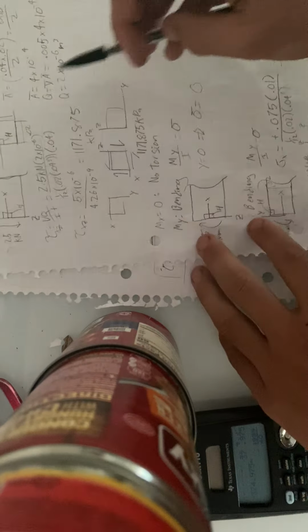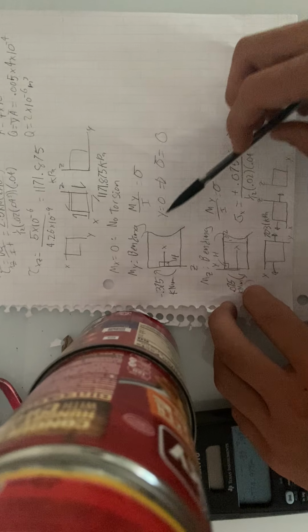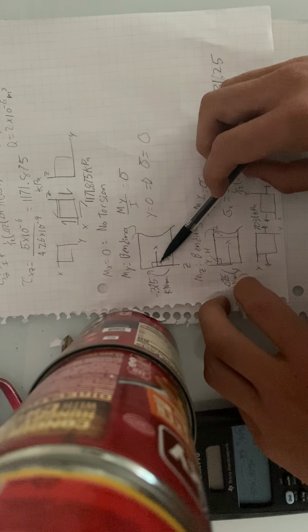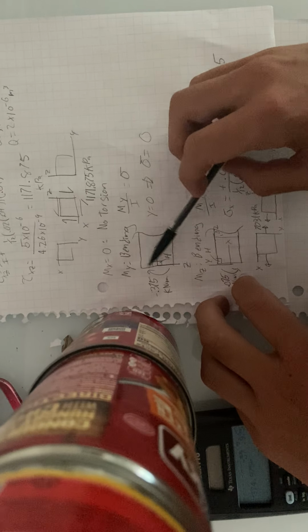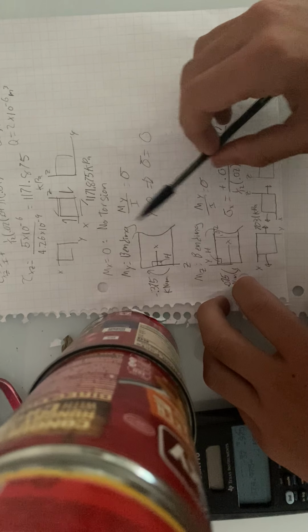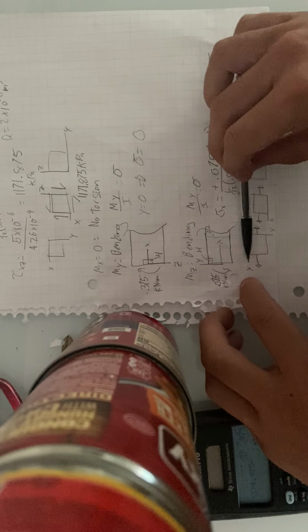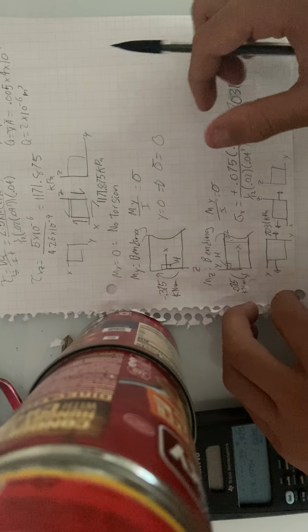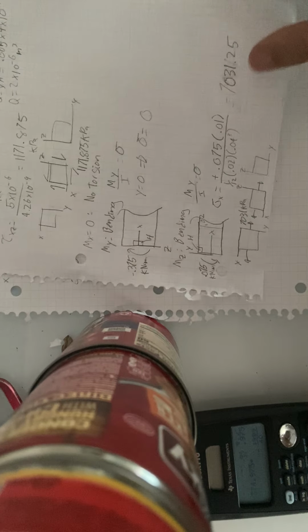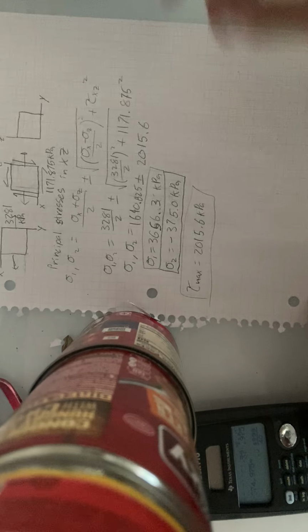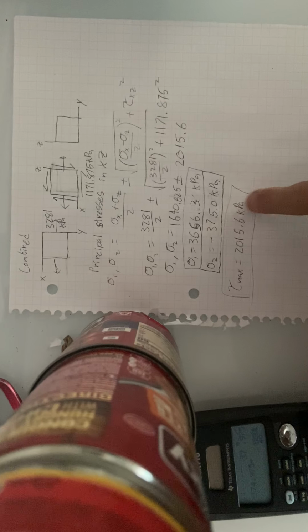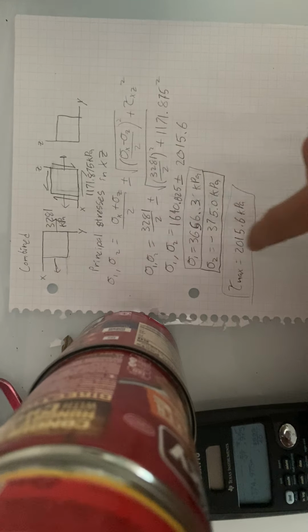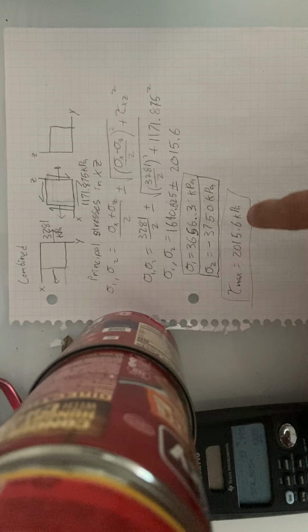That's why we have the shearing stress. And then we have bending in this one. We don't have bending in MY because we're bending about our point for this one. And for MZ, we're bending from the point, so we're stretching it and bending it more. And from there, we combined all the stress blocks into these. And then from those, we calculated our sigma 1, sigma 2, and our tau max.